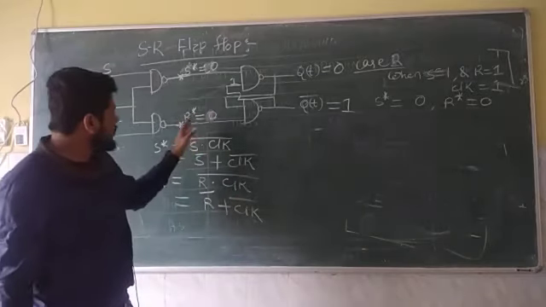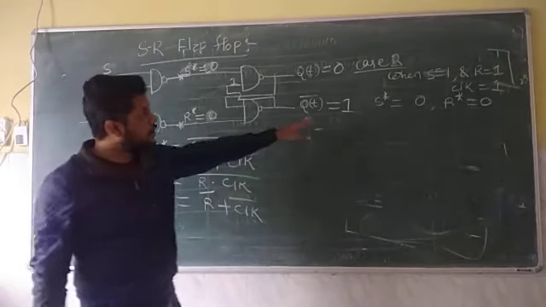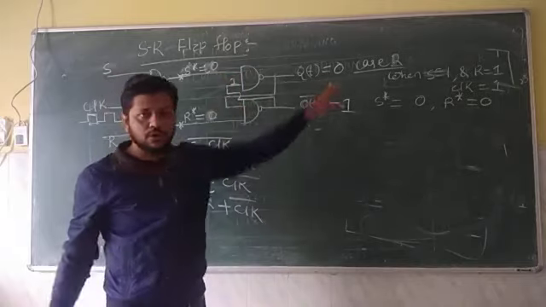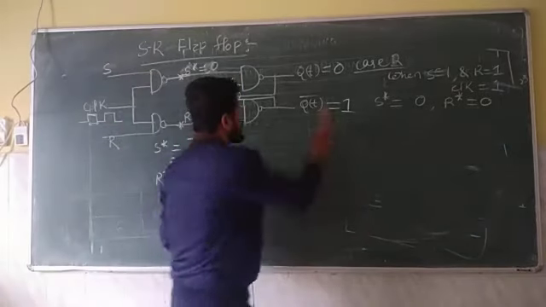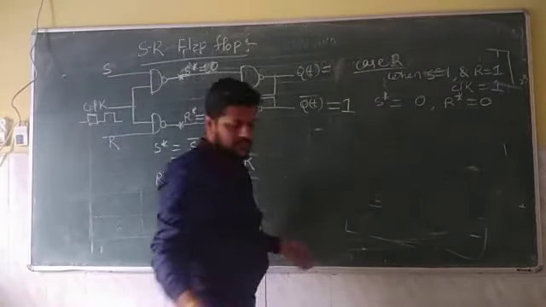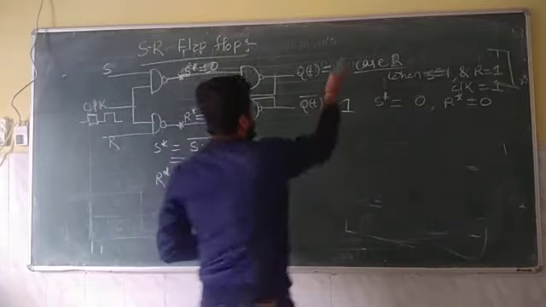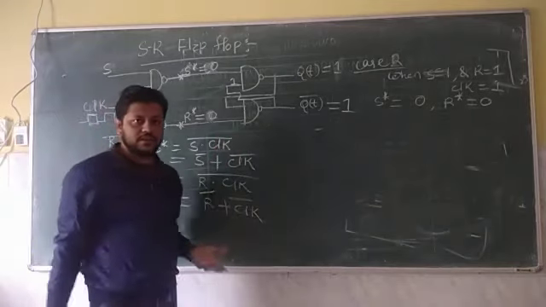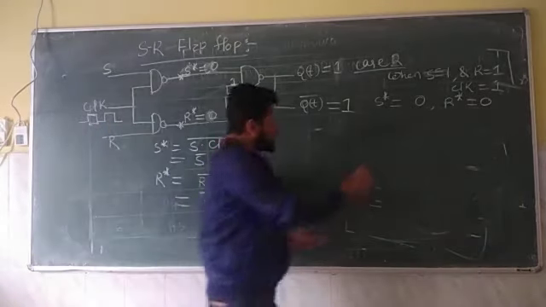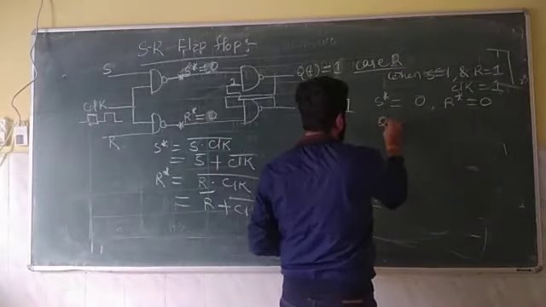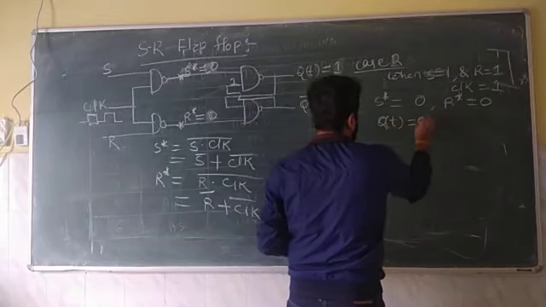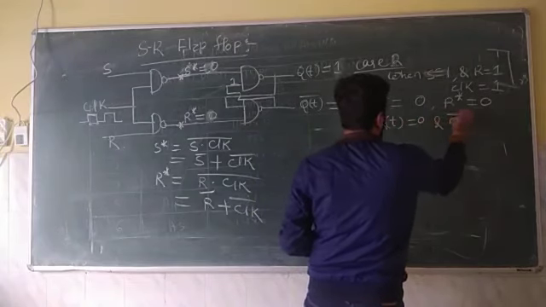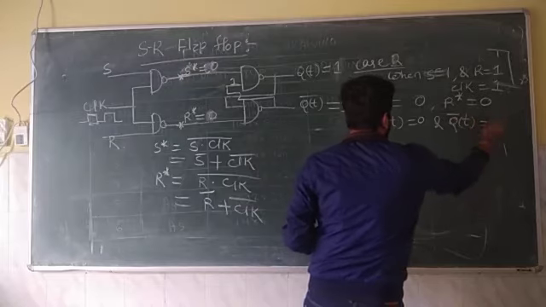If this is 0, Q bar t is equal to 1 and this is 0, Qt is also equal to 1. The moment we apply, Qt is equal to 0 and Q bar t is equal to 1. But this is not the case. That means for A star is equal to 0, R star is equal to 0, Qt is equal to 0 and Q complement t is equal to 1.